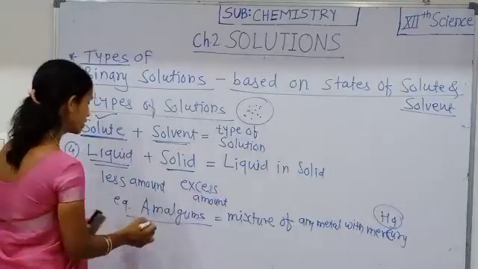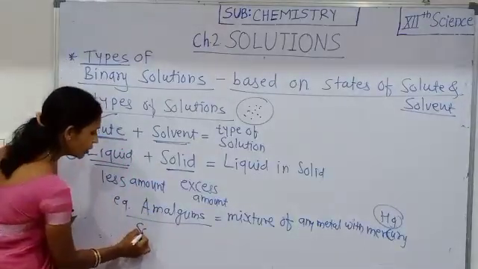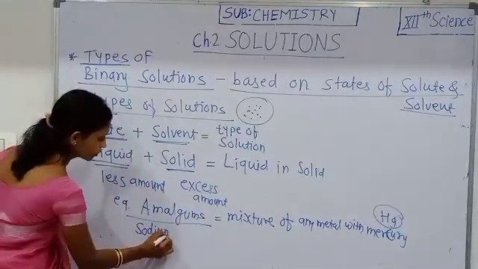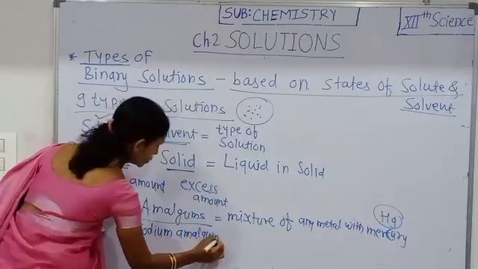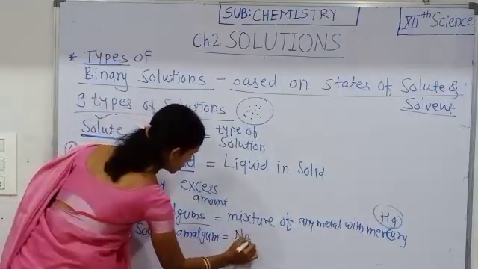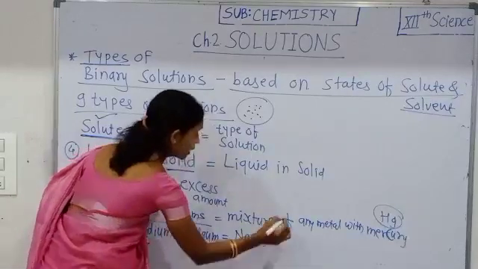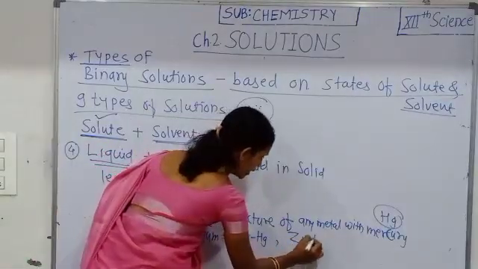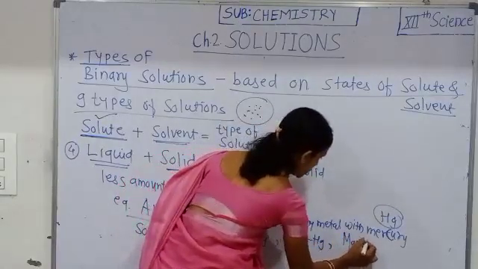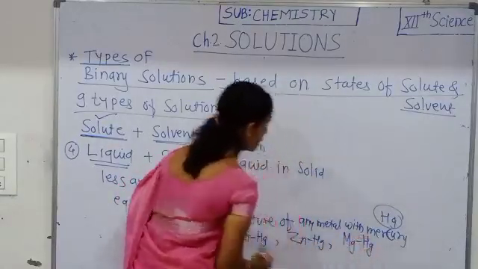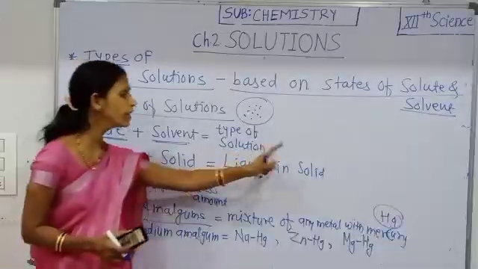And here the examples of amalgam, that is sodium amalgam, of which the formula is NaHg. Zinc amalgam, ZnHg. Magnesium amalgam, MgHg, are a few examples of liquid in solid.